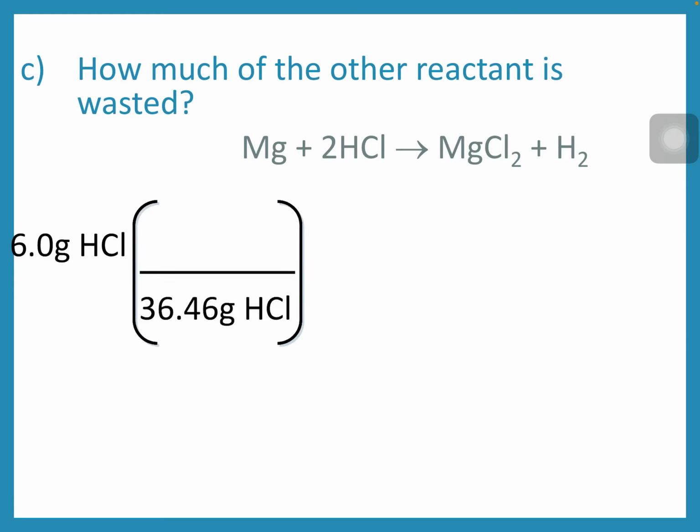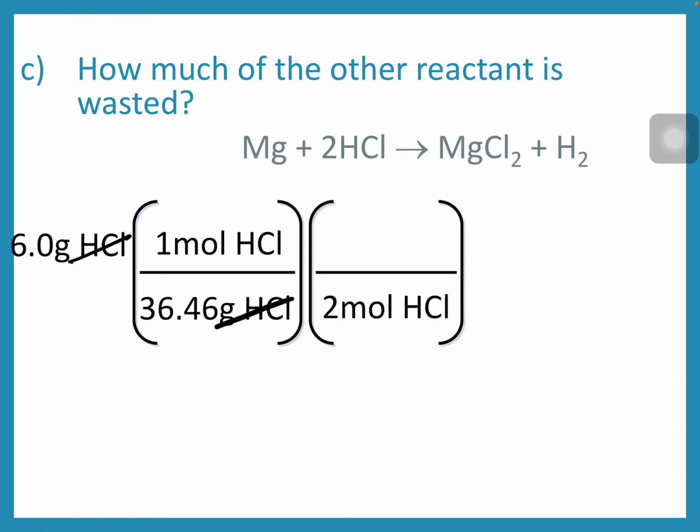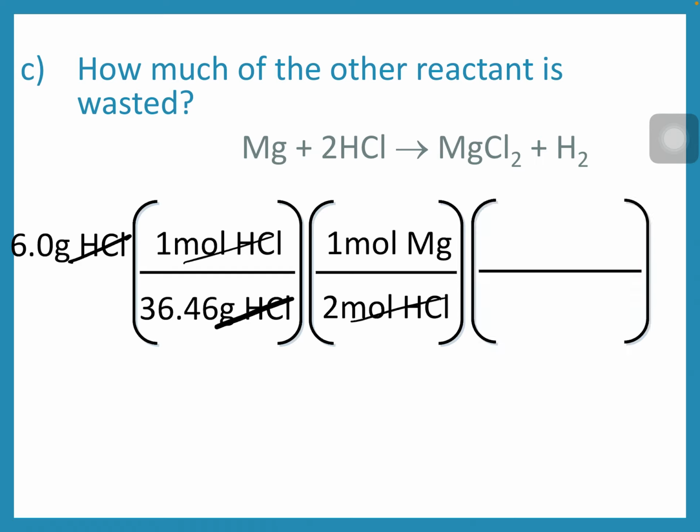So once again, molar mass to convert to number of moles of hydrochloric acid. Then from the balanced equation, my mole to mole ratio, so 2 moles of hydrochloric acid for every mole of magnesium, and then using magnesium's molar mass to get to the mass of magnesium that would get used up for 6 grams of hydrochloric acid.